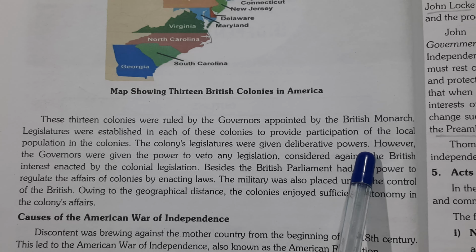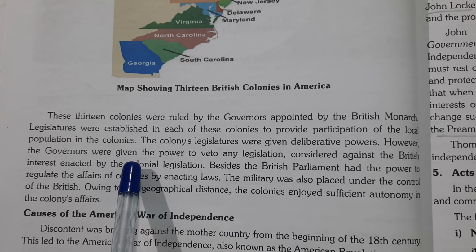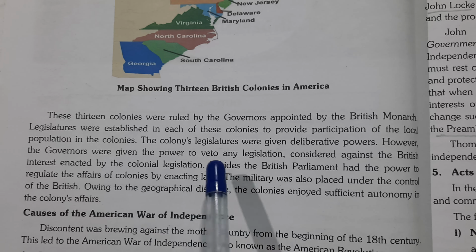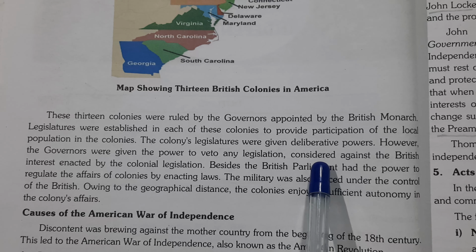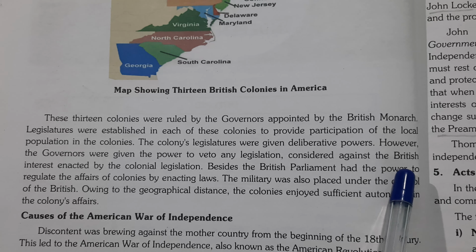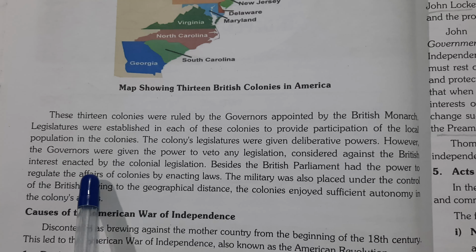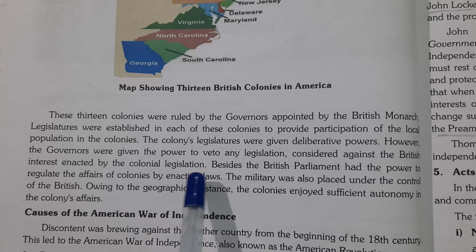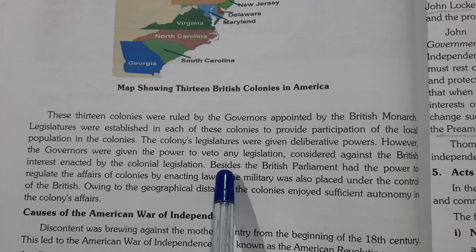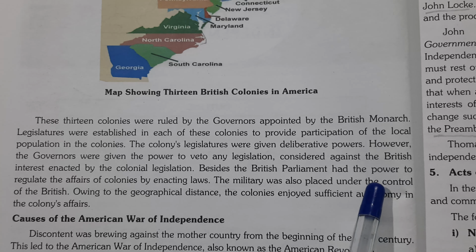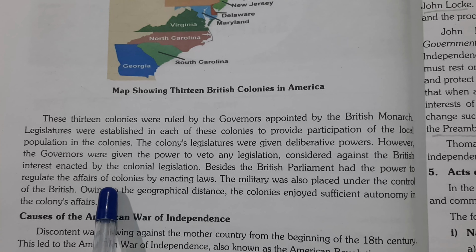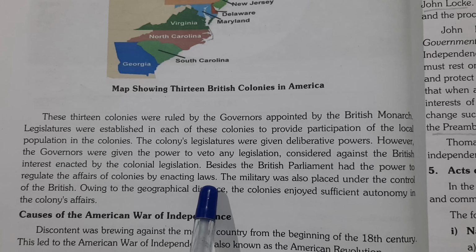However, the governors were given the power to veto any legislation enacted by the colonial legislature considered against the British interest. Besides, the British Parliament had the power to regulate the affairs of the colonies by enacting laws.